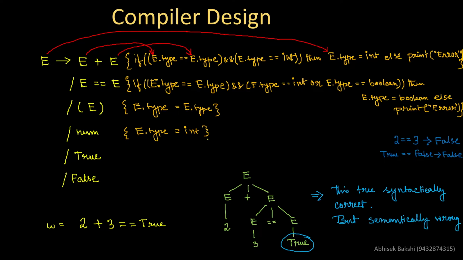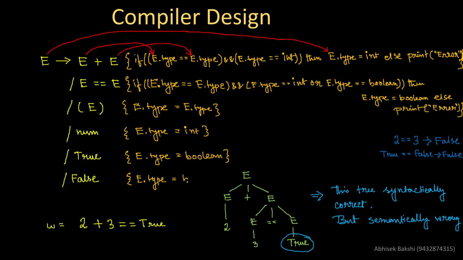I'm assuming only the integer data type in my system just for simplicity. In the last two cases, why am I saying e.type? Because I'm writing E to true, the production rule. If you are reducing true to capital E, then the type of E should be equal to boolean.